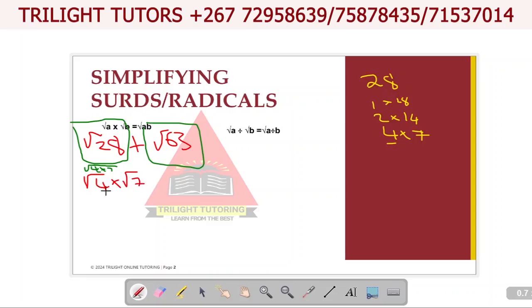So now we have the square root of 4. We know that the square root of 4 is a perfect square, so we're going to have 2. And then we say times, let's assume there's a 1 here. So 2 times 1 is 2, and then we have the square root of 7. So we just multiply 2 and 1, and leave the square root as it is.